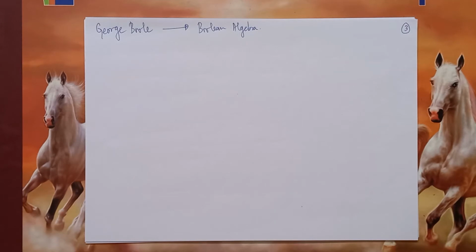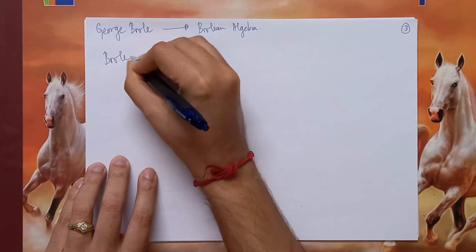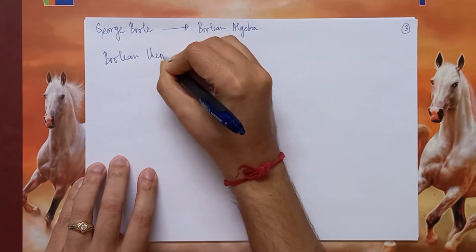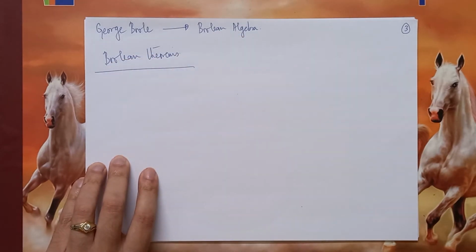So Boolean algebra or Boolean operations can be done using variables which can take two values, as I mentioned, 0 or 1, true or false, yes and no, like that. So therefore, let us see some of the Boolean theorems which George Boole had proved.